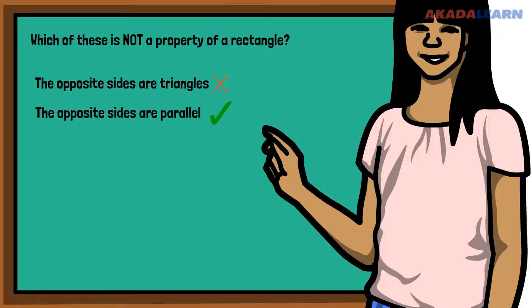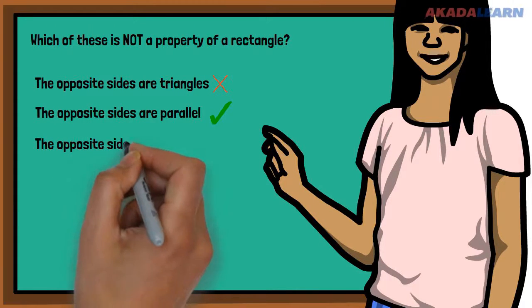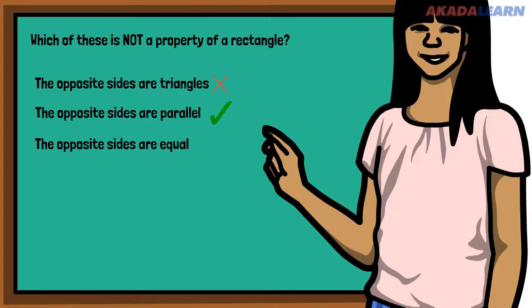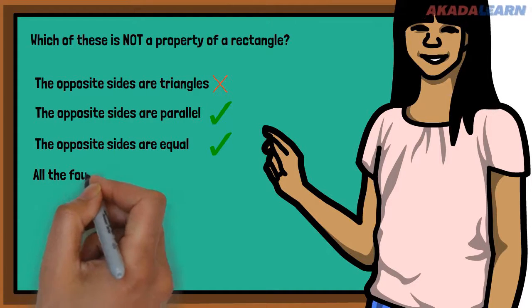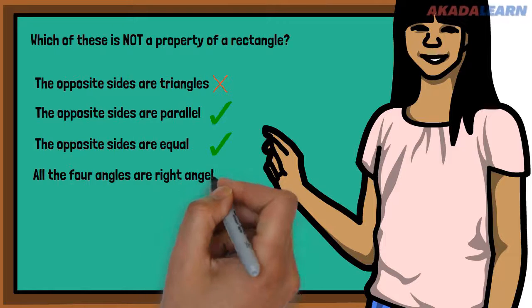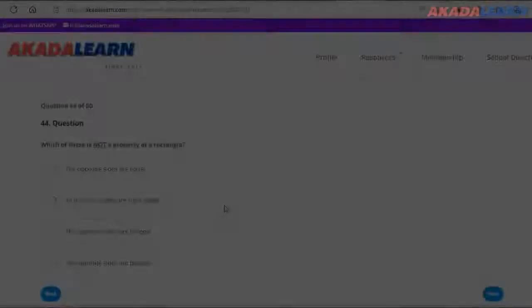Yes. Next it says the opposite sides are equal, which is of course correct. And last but not least, it said all the four angles are right angles, which is correct. So that leaves us with the first one as the correct answer.